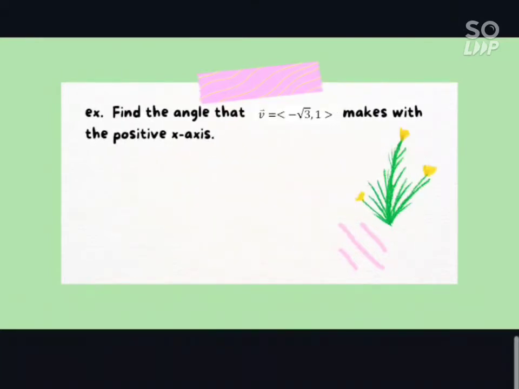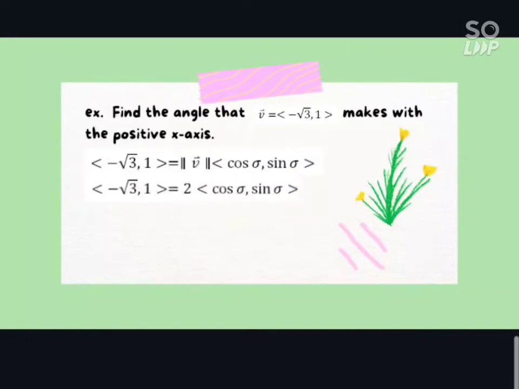We want to write that as the product of its magnitude multiplied by its direction. So theta ultimately is what we're looking for. If you find the magnitude, you'll find that it's 2. Once we divide by 2, we get our direction vector.